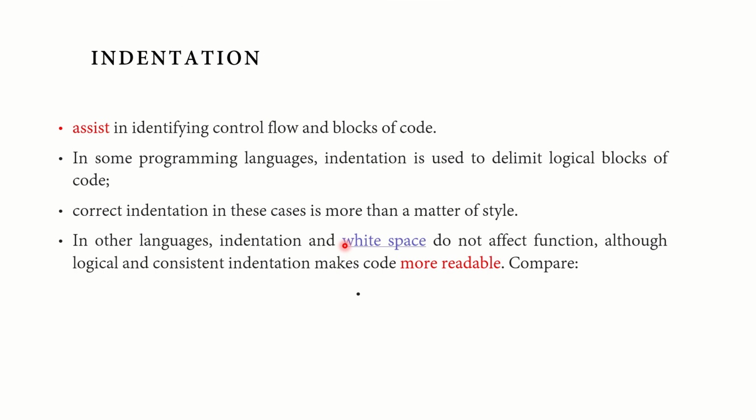The next one is indentation. Here we are going to explain in detail the meaning of each of the points we already explained in programming style. Indentation will assist in identifying the control flow of a block. For example, if you're writing a program in C, you may write main first, and after that you start a brace.